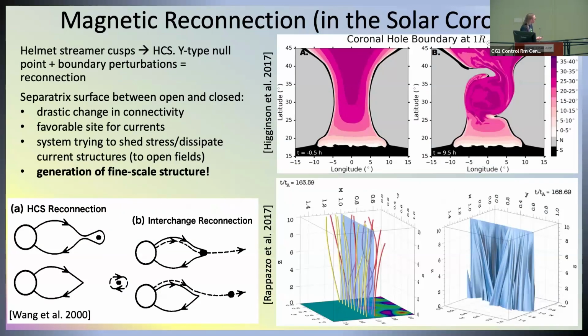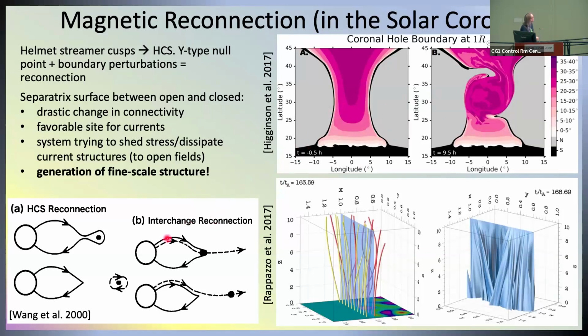And in fact, it's not just the pseudo-streamer boundaries where that happens, it's also the helmet streamer boundaries. So there are a couple of different ways to perturb the helmet streamer boundaries as well. And here are a couple of simulation results that show the structure that appears when you do things like spin up the open closed field boundary.